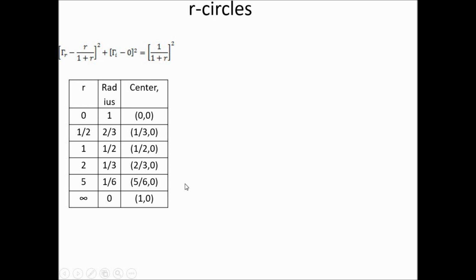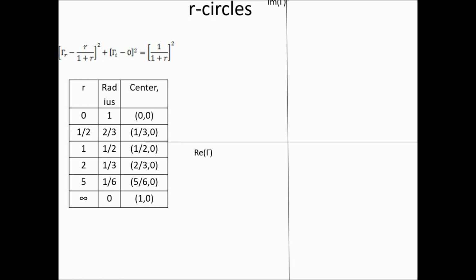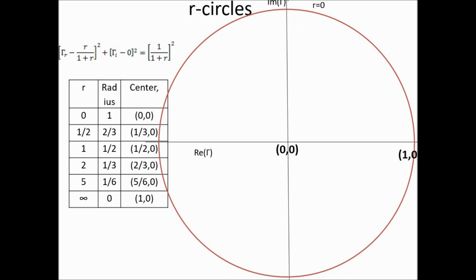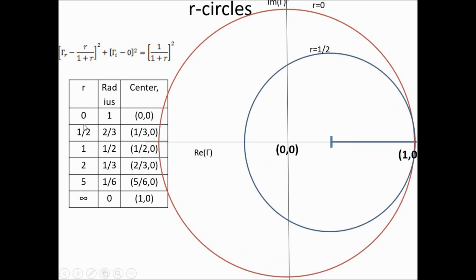Now let me draw the circles. Let us think this is my imaginary axis and this is my real axis. First I put the R equal to 0 circle. For R equal to 0, the center is 0, 0 and the radius is 1. So I write the R equal to 0 circle here. Now if I draw the R equal to 1 half circle, the center is here.